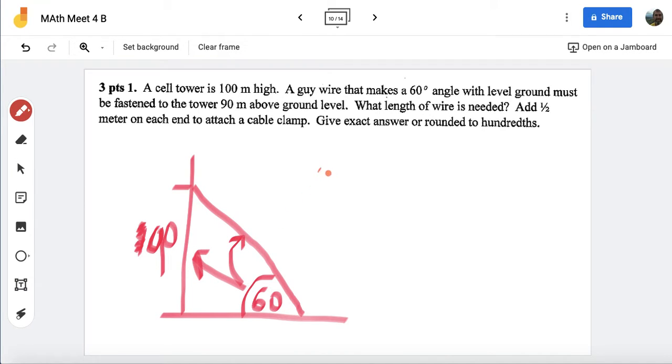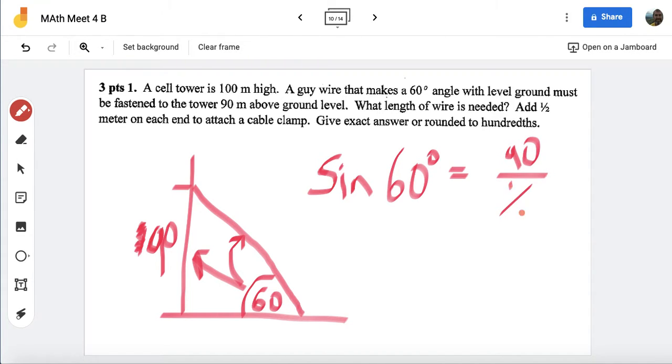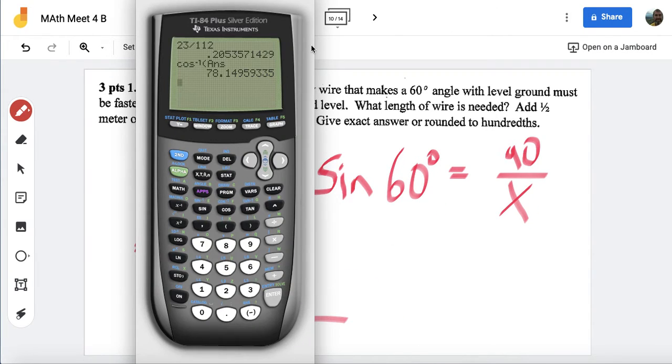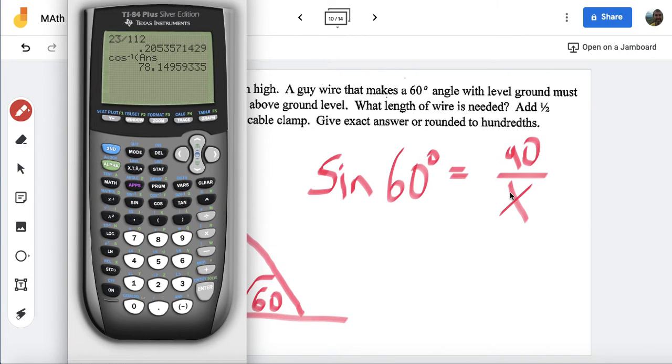That's sine, so the sine of 60 degrees will equal the opposite, 90, divided by the hypotenuse. That's what we're trying to solve for. So to solve for that, you can switch these two and get x will equal 90 divided by the sine of 60.